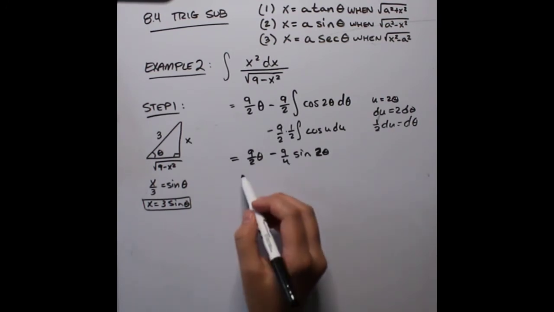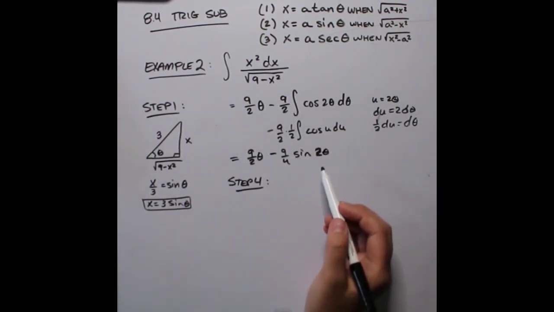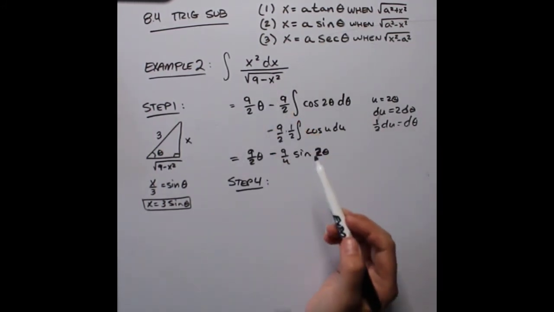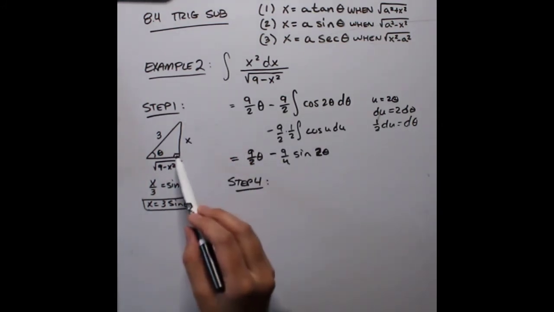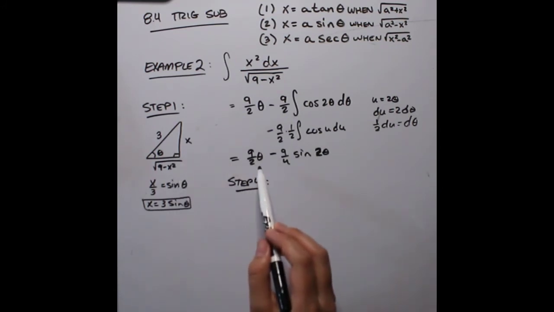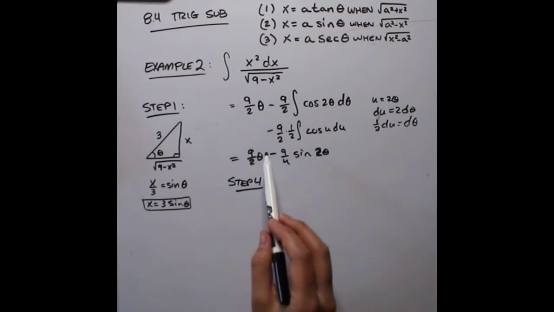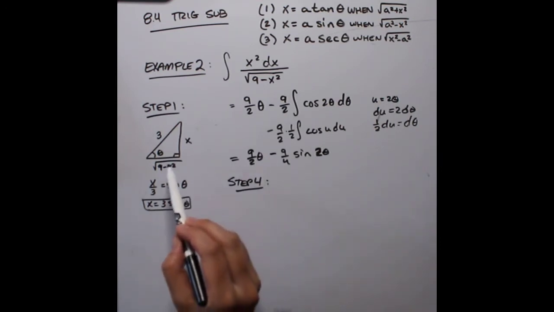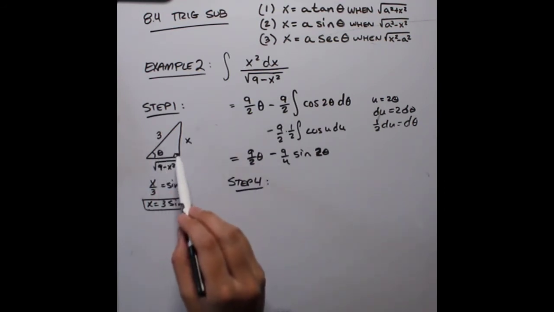So this is where we do step 4 again, where we have to resubstitute so that we have x again, because we had x originally. Now, on example 1 in the previous video, we used our triangle instead of using inverse functions, but in this one we actually have to use sine inverse, and here's why. We have an individual theta right here, and we can't use our triangle because our triangle is ratios of the sides, and that's our trig functions.